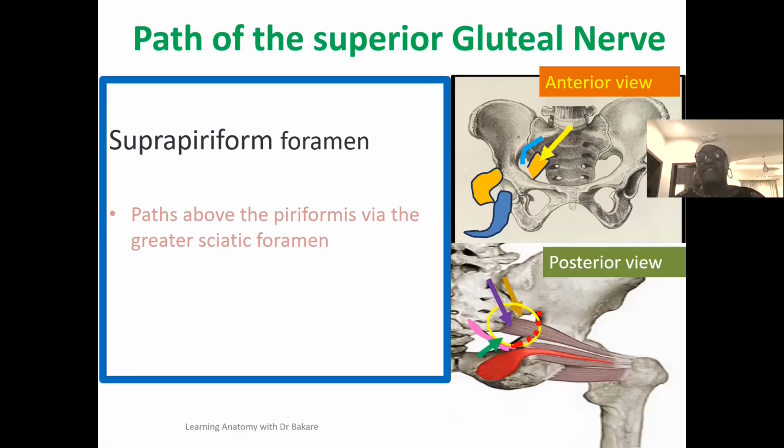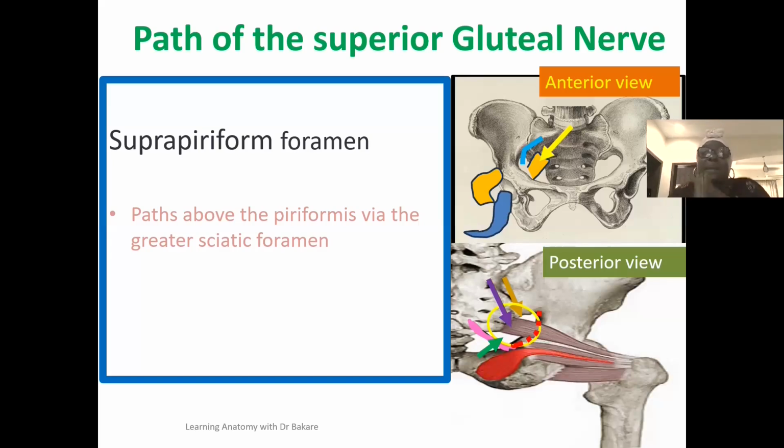Then you have another foramen inferiorly here that is arrowed in green, which is the infrapiriform foramen. This infrapiriform foramen is located below the piriformis, and this is why it is infra, although still within the greater sciatic foramen. So you now see that the greater sciatic foramen is further subdivided into the suprapiriform foramen and the infrapiriform foramen.